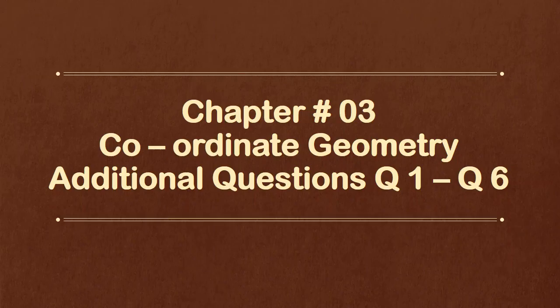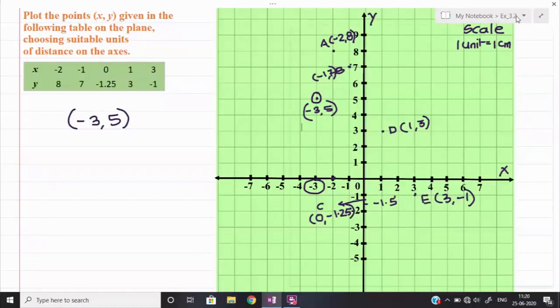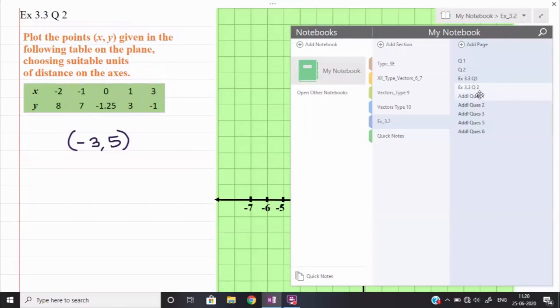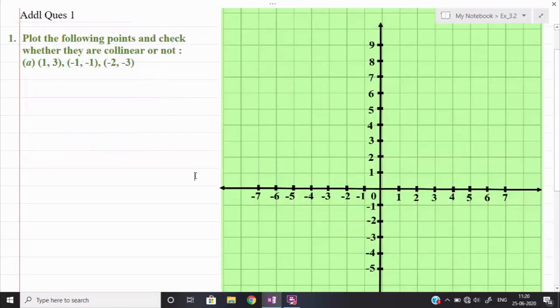Now let us see some additional questions. Textbook questions we have covered now. Okay, so I am now solving some additional questions. See additional question number 1. They are saying here, plot the following points and check whether they are collinear or not.